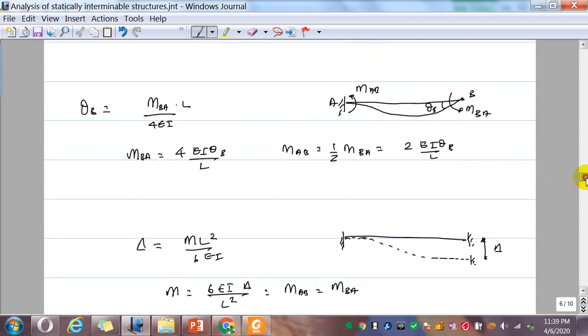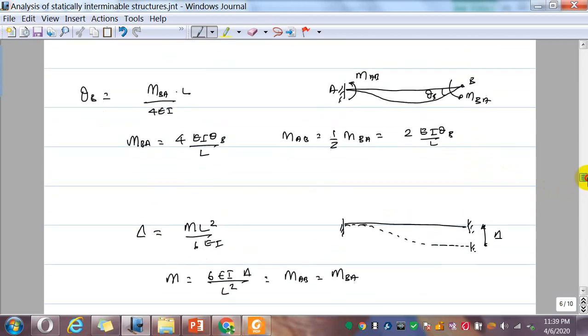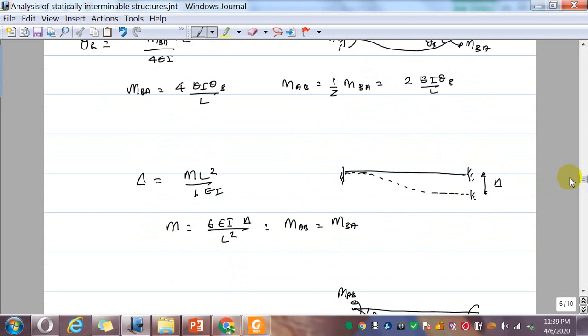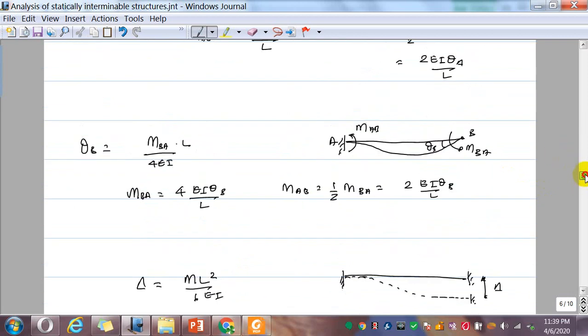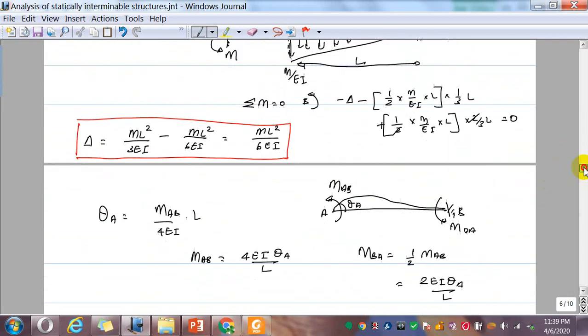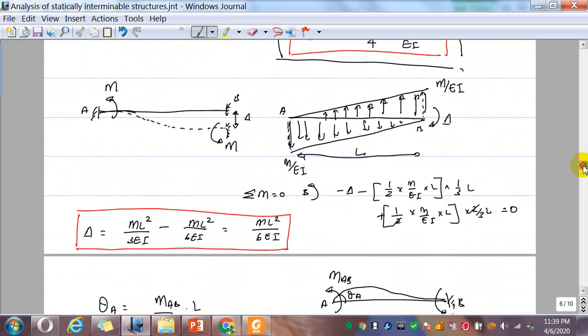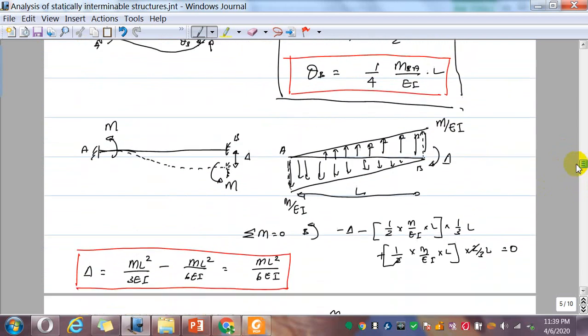And then you have the rotation due to this settlement. So here the settlement, there is this counterclockwise moment M, and the settlement delta is ML squared over 6EI, and that is downward settlement.